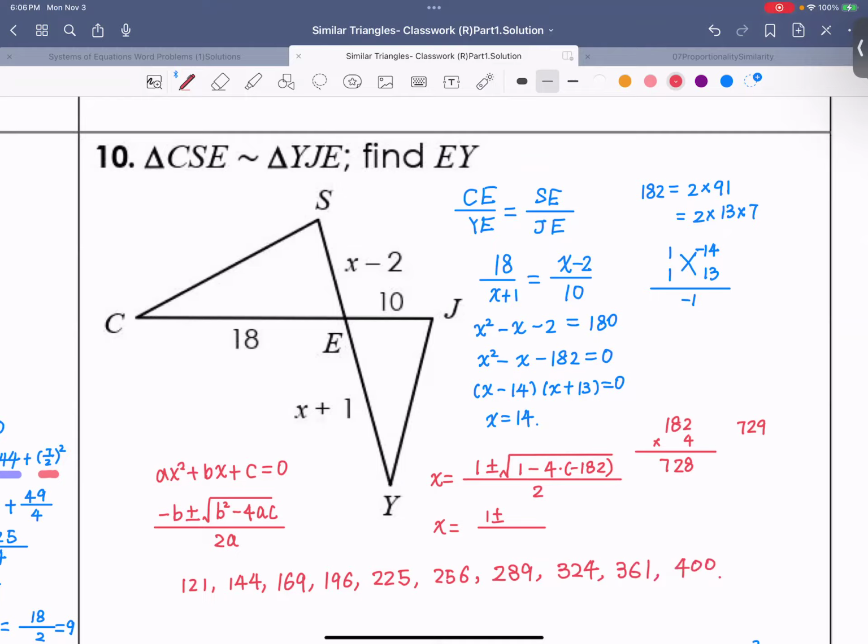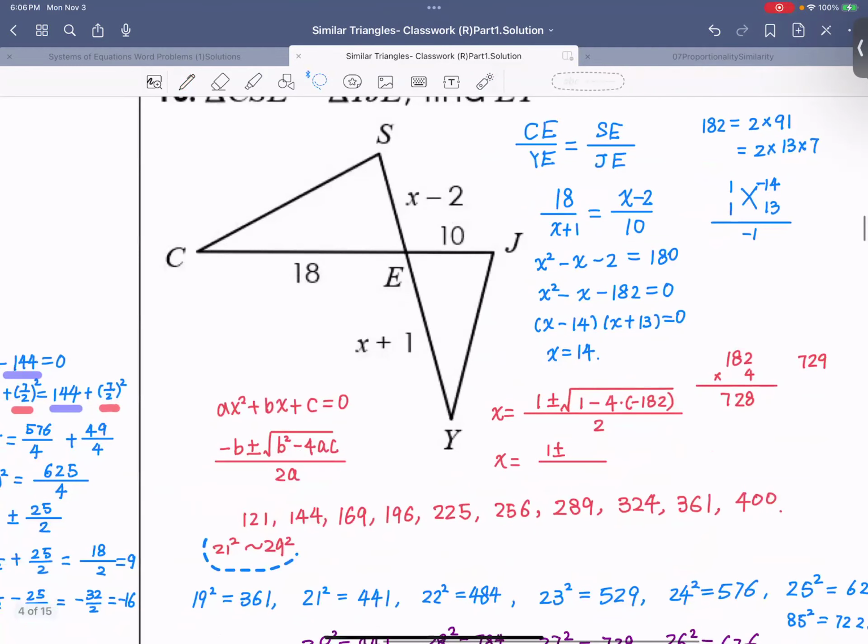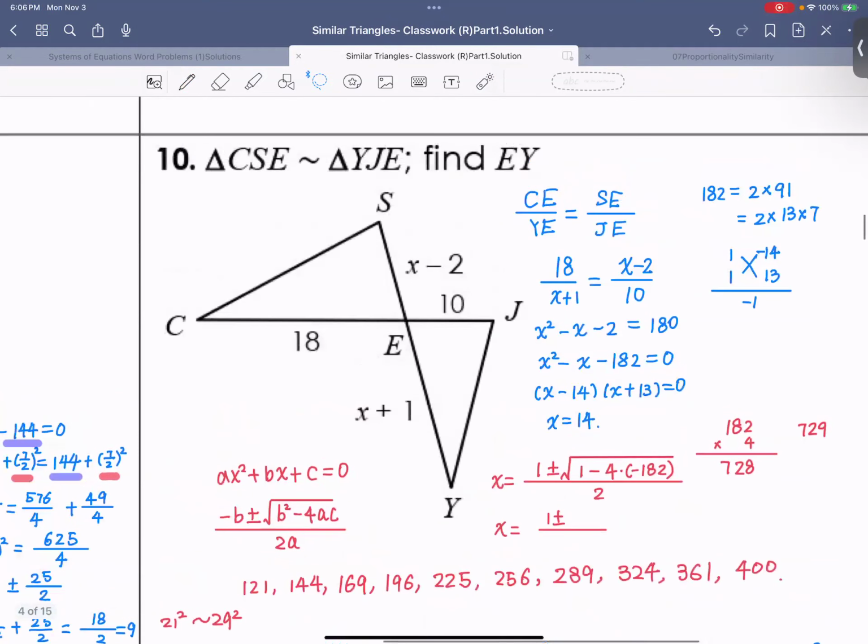Good job. If you remember from 21 squared up to 29 squared, you can raise your hand. Who can do it?